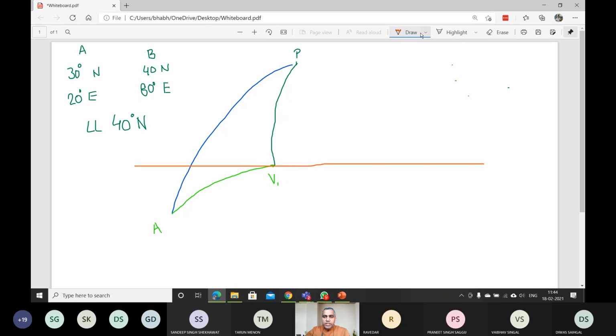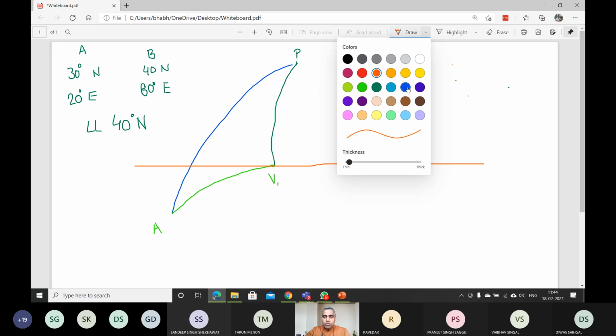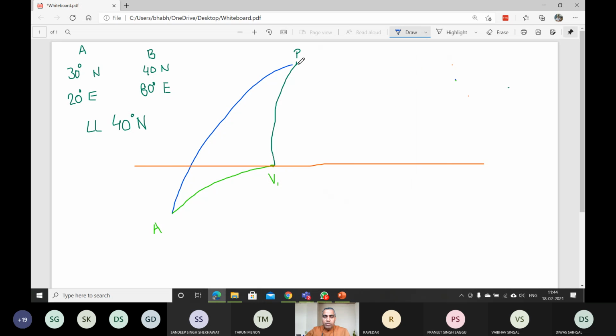Our destination now lies on the limiting latitude itself. So point B will be somewhere on the limiting latitude. Let us draw point B here. Let's call this our destination port, B.